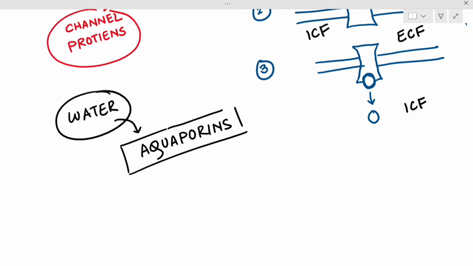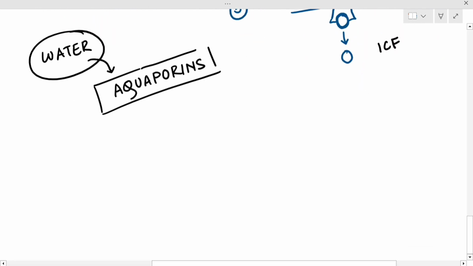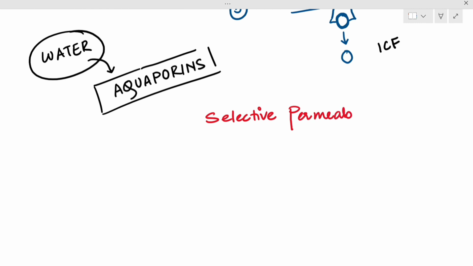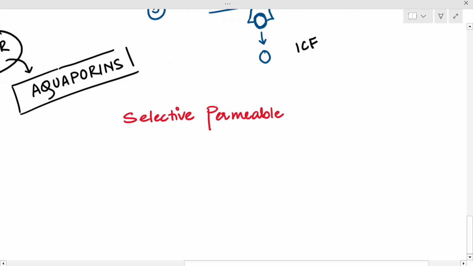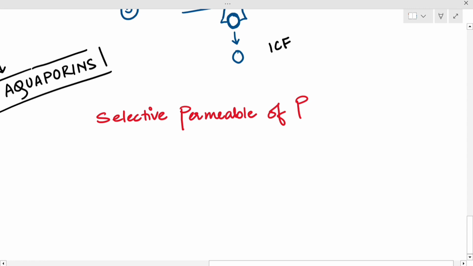Okay. Fine. Now there is the selective permeability of protein channels.